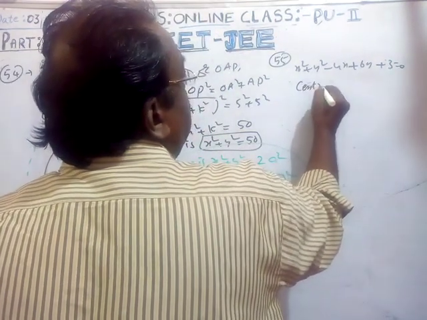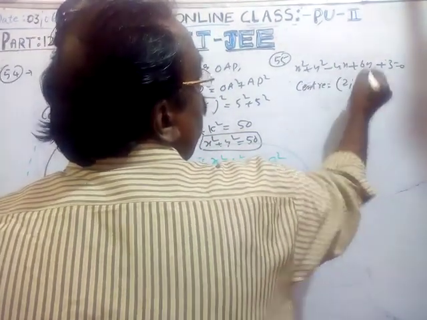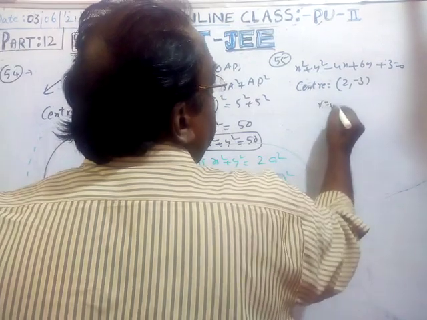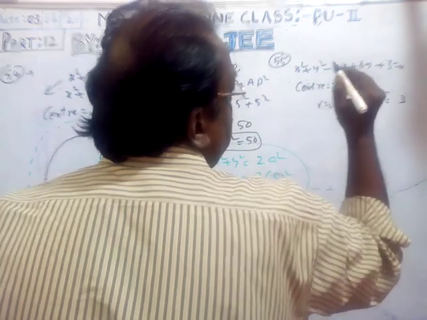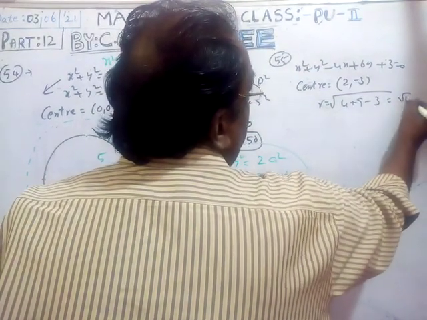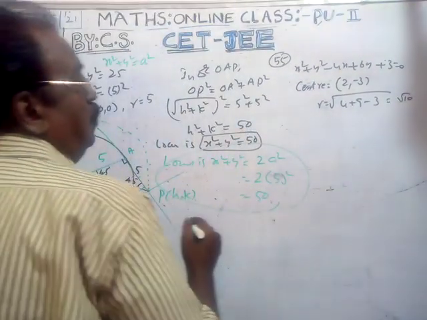So what is the center? We know it is (2, minus 3). What is the radius? 4 plus 9 minus 3, so again it is root 10. The radius is root 10.